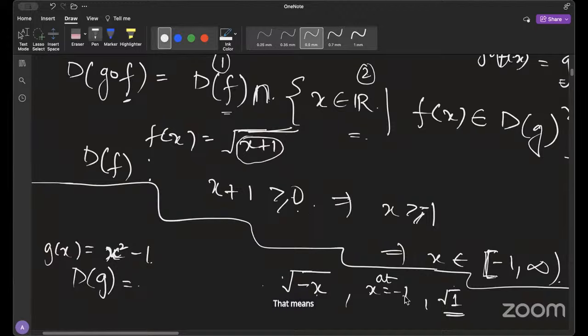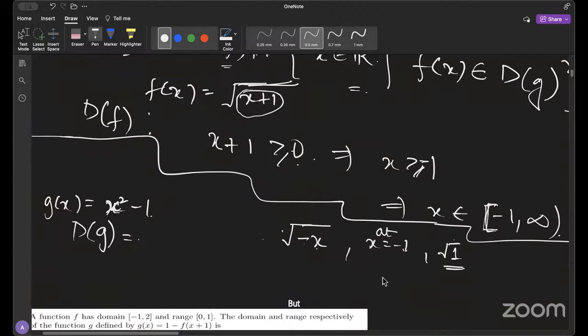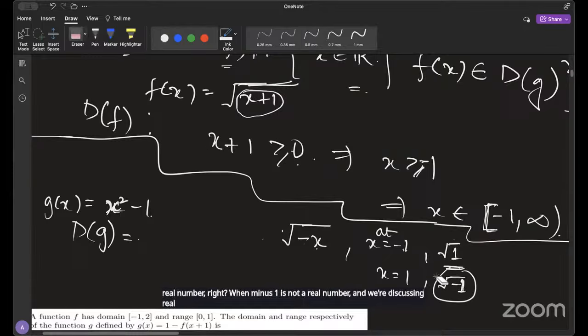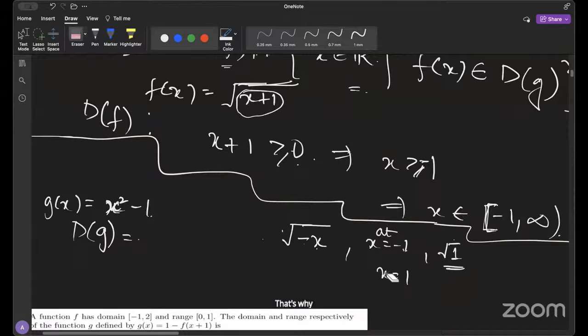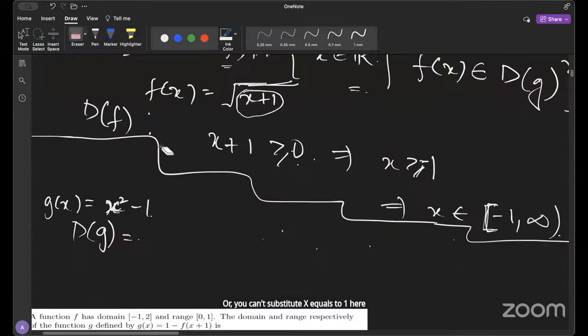That means this is a valid input. But if you put x equals 1 here, you will get square root of -1, and this is not a well-defined real number. We're discussing real valued functions. That's why this is not a valid input. You can't substitute x equals 1 here in square root of minus x.